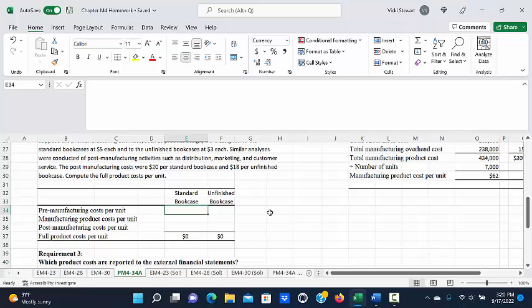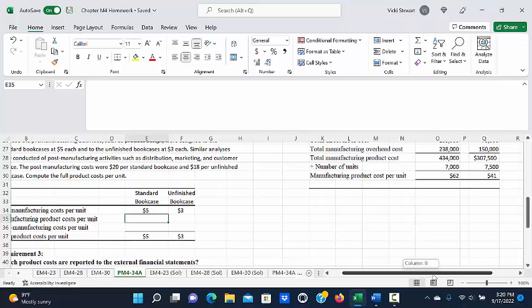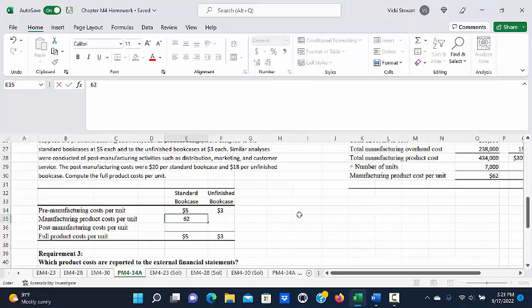So they gave us the pre-manufacturing cost for the standard bookcases was $5 and $3 for the unfinished bookcases. We computed the manufacturing cost per unit in this part of the problem, so it was $62 for the standard bookcase and $41 for the unfinished bookcases.